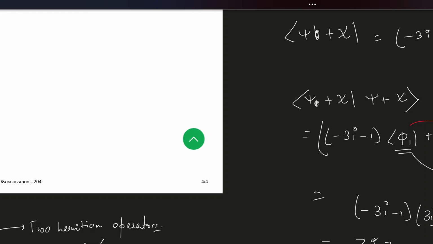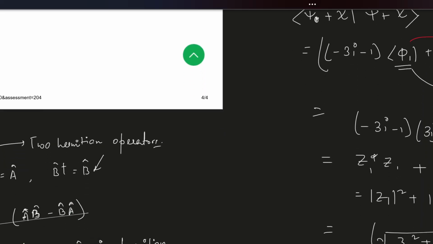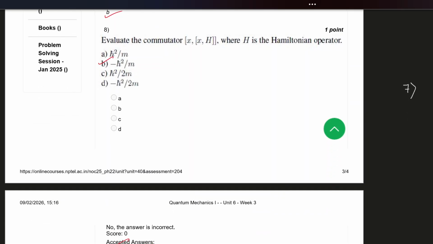So this is root over of 3 squared plus 1 squared, whole squared, that means root over of 10 whole squared, plus root over of 25 whole squared. So this is basically 10 plus 25, that means 35. Let us check whether we have done it correctly or not. Yes, the answer is correct. It is 35.